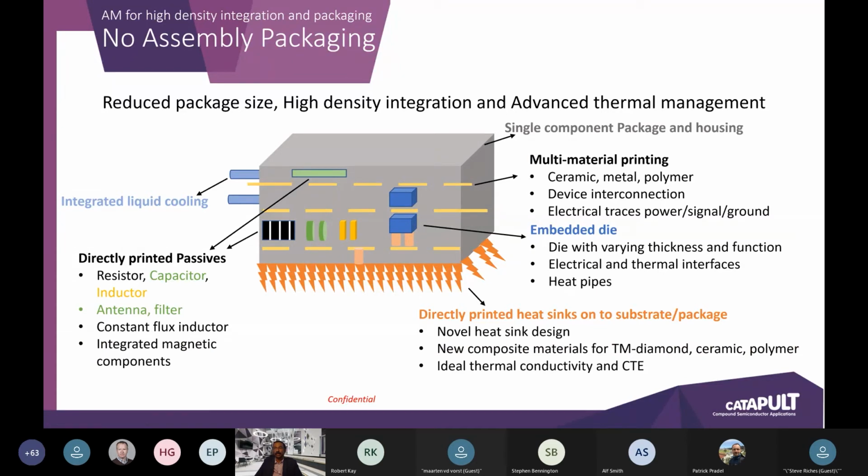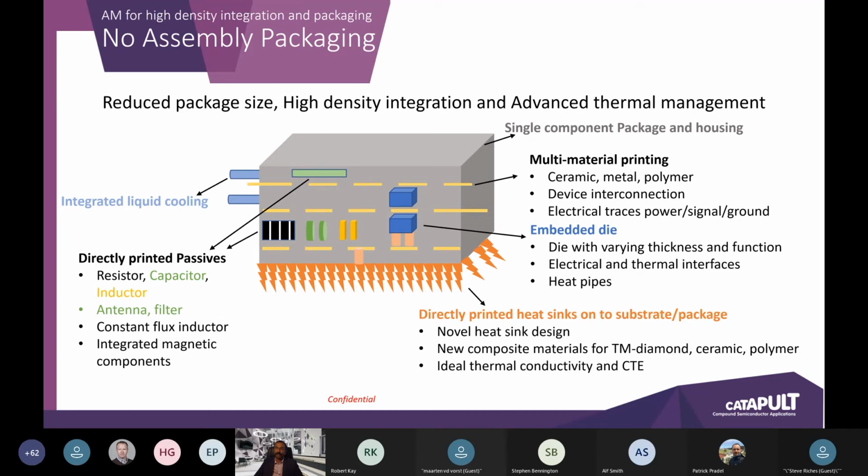This is a revolutionary concept that we are working on now. Without having an assembly, can we do the packaging? As I showed you earlier, our packaging facility has very good cutting edge equipment for precision assembly and bonding.